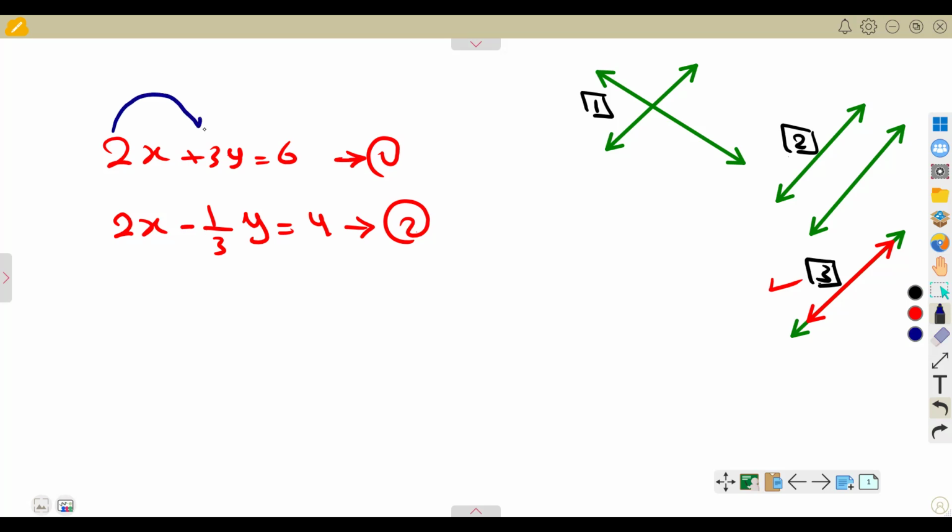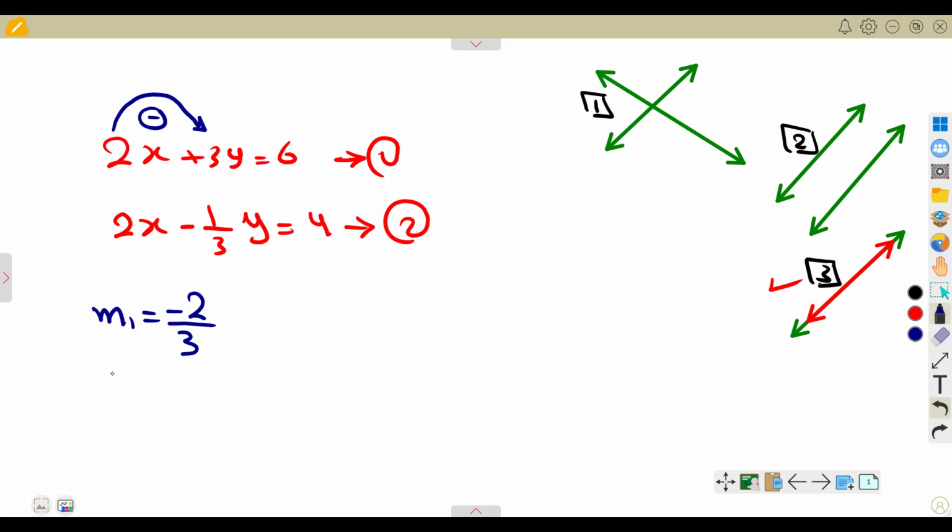The first one is minus 2 over 3, so M1 is negative 2 over 3.